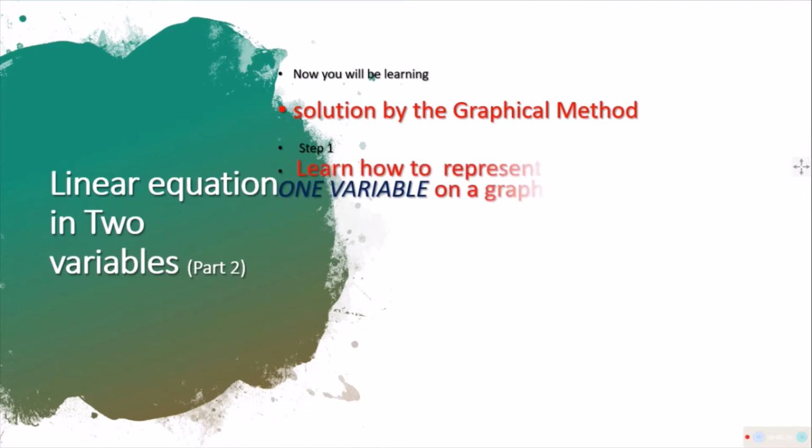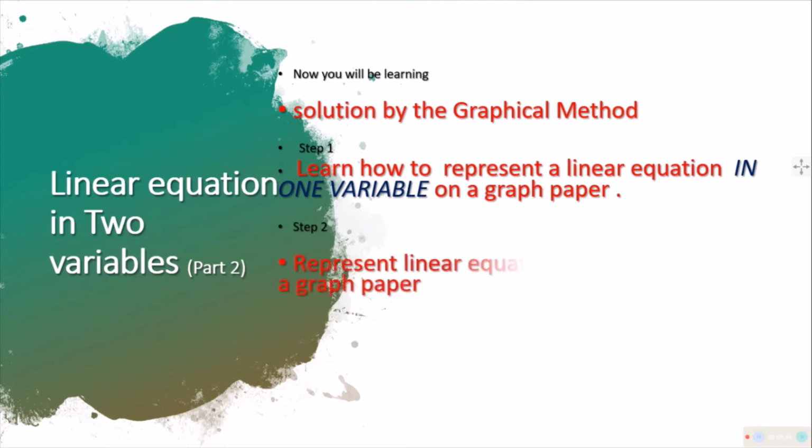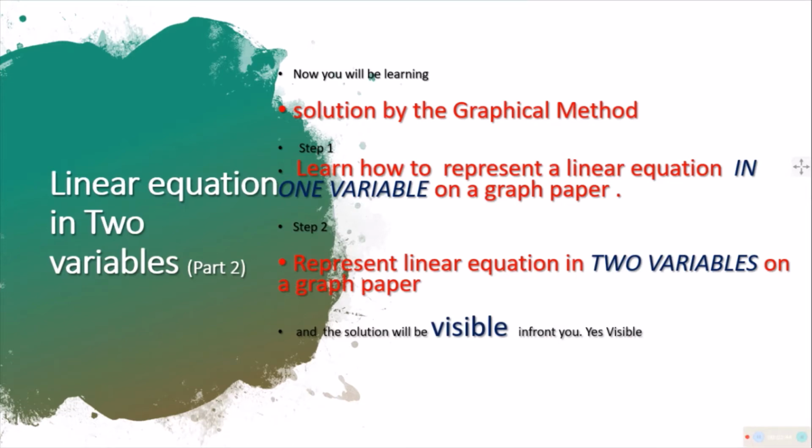But first you should know how to present a linear equation in one variable on a graph. Once you know that, you can easily present a linear equation in two variables on a graph paper. And my dear students, for your wonder, you will get the answer visible in front of you on the graph paper.